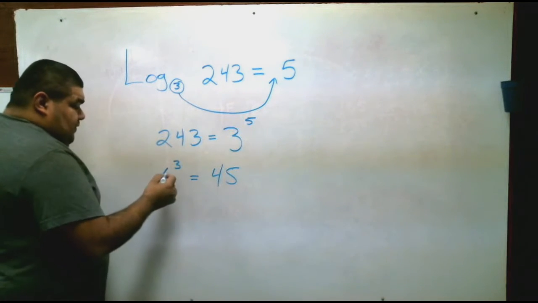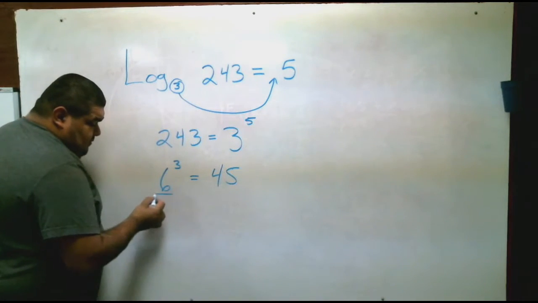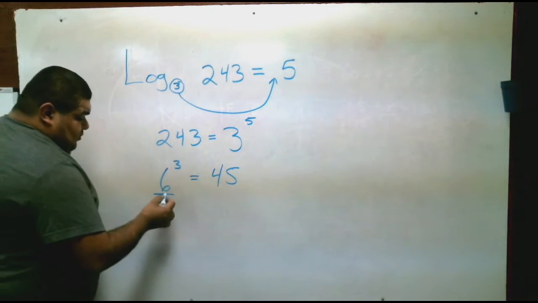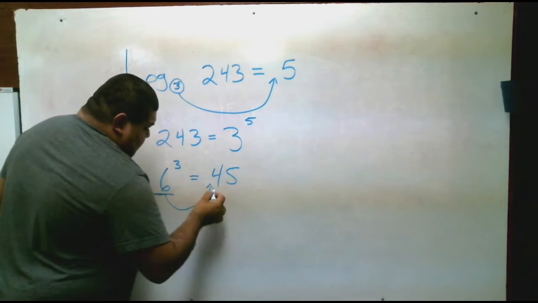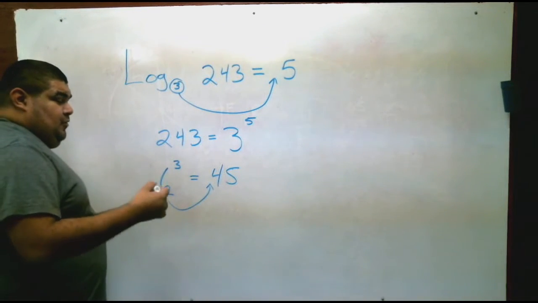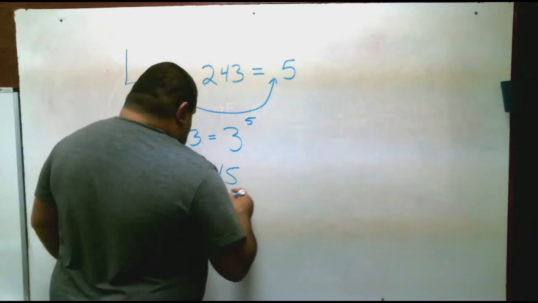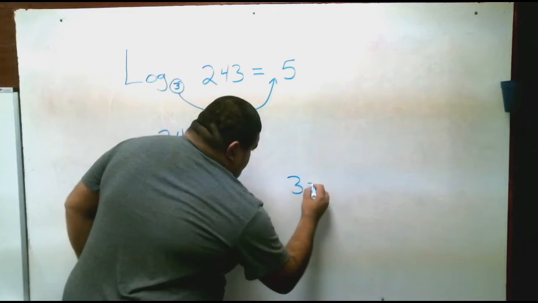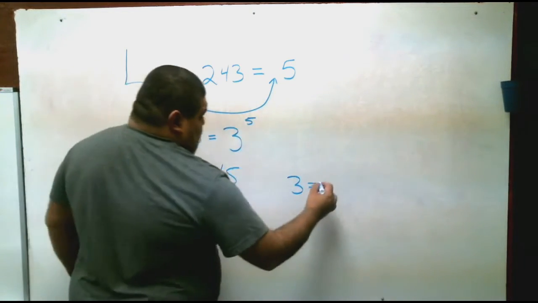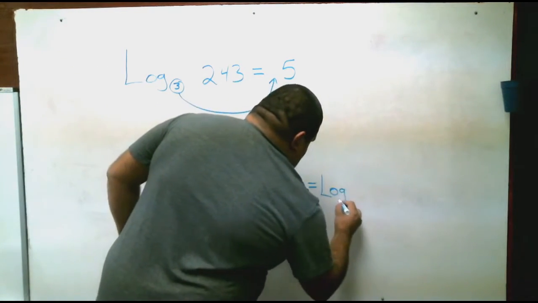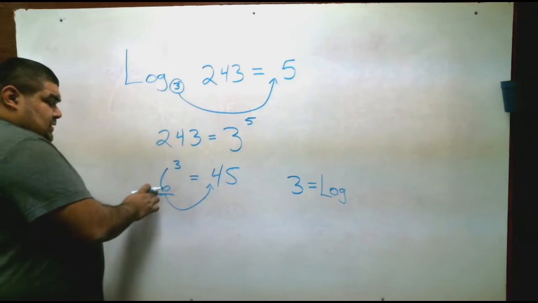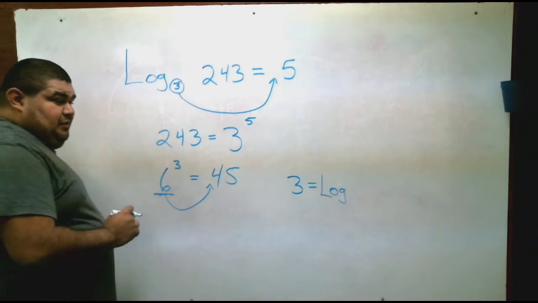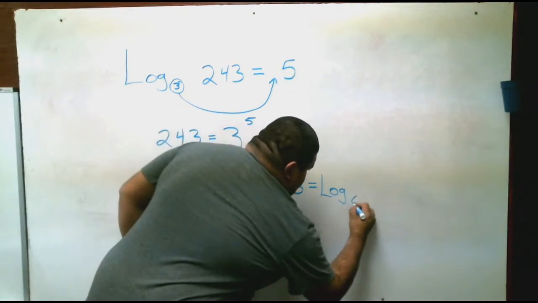You're gonna move your base number to the other side of the equal sign, but this time your new answer is, since I have the 3 on this side, I'm gonna do 3 equals log base 6 of 45, because remember, that was the base number.